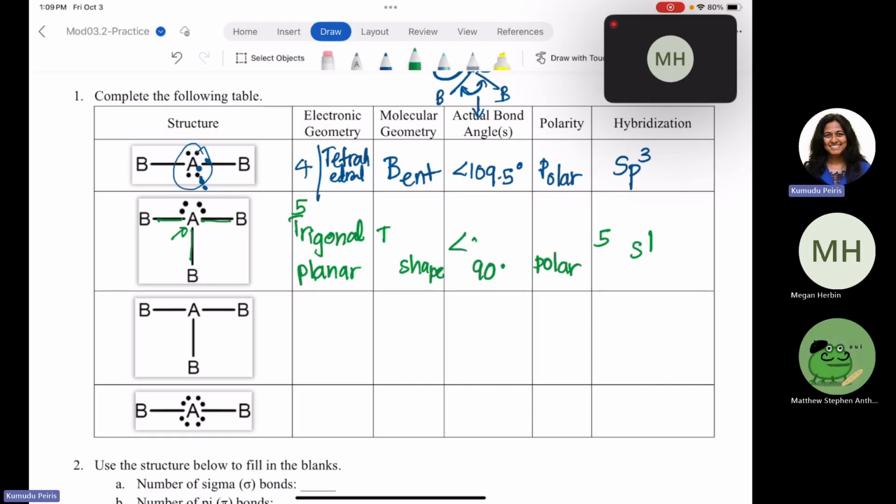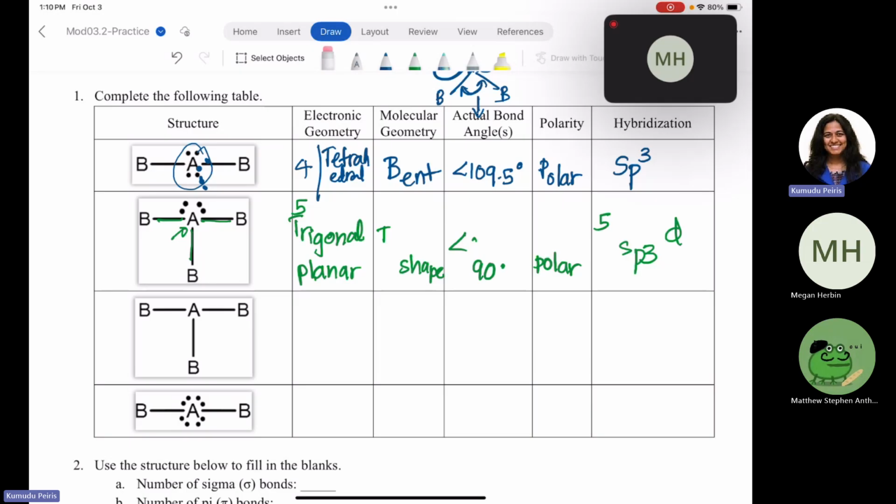sp3, but it has only 4 things, so we need to add one more. So the hybridization will be sp3d.